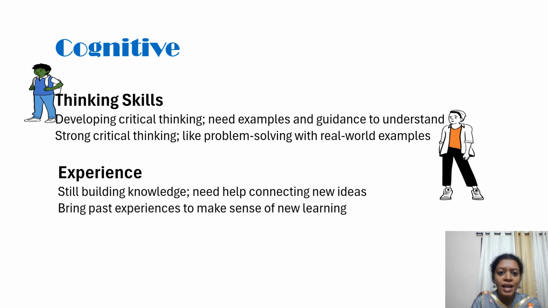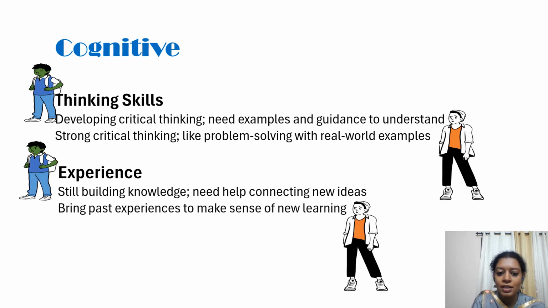Okay, the next point is about experience. So still building knowledge and need help connecting new ideas. But one category is bring past experience to make sense of new learning. So the first point is about adolescent and the second one is adult. It's clear, right?